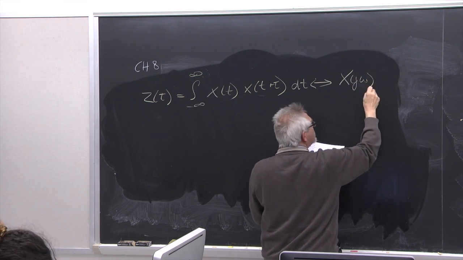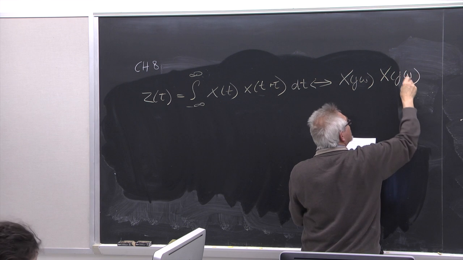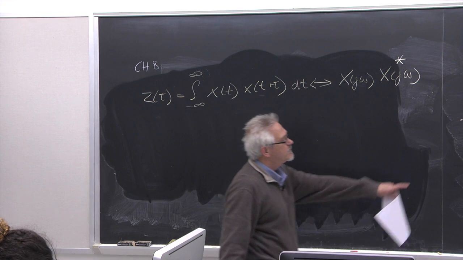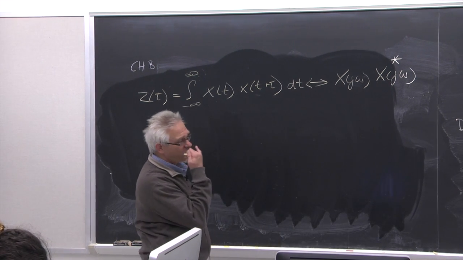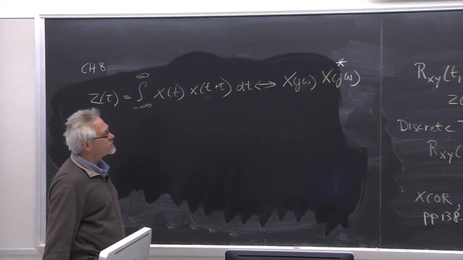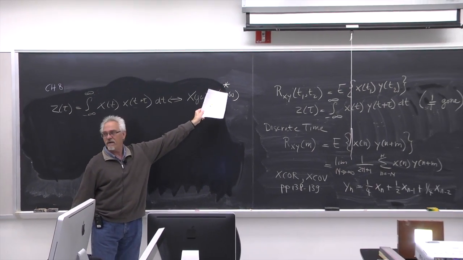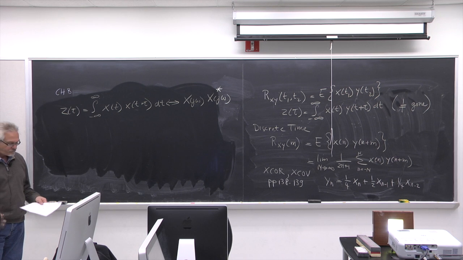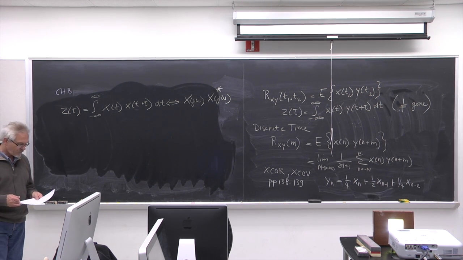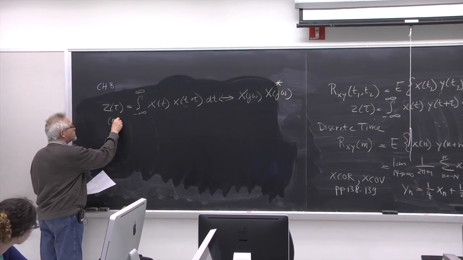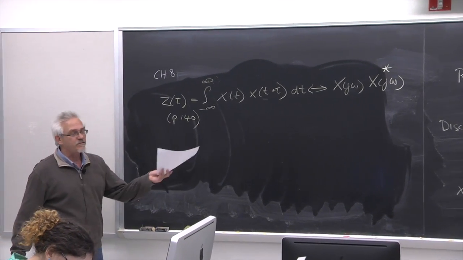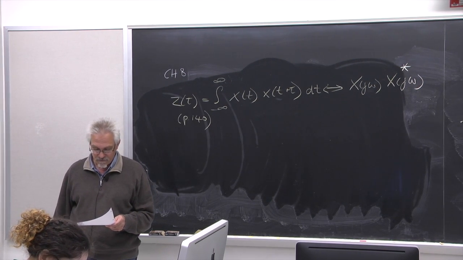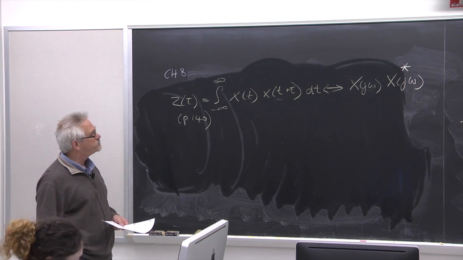It's also a product, but because of the difference in sign, since in the convolution it was a minus sign and now we have a plus sign in the autocorrelation and cross correlation, this star indicates the complex conjugate. You can read this on page 140. If you understood the part that we derived for convolution, you should have no problem reading the part for this.